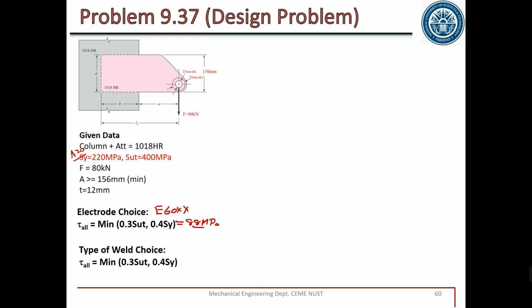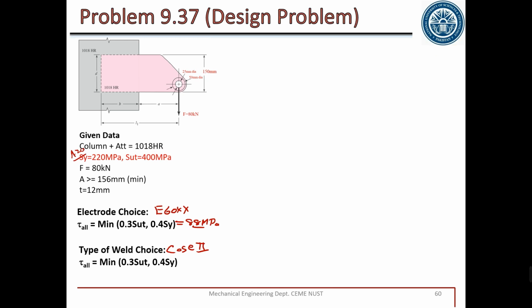Just like the previous problem, we will be using case 2, parallel weld. The tau allowable equation is exactly the same, so there is no need to write it again. So now we have selected case 2, and all remaining data of case 2 you can use here.